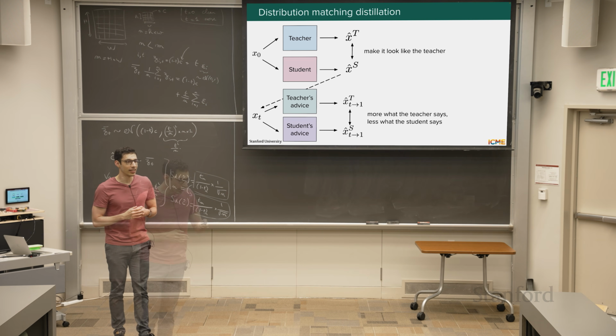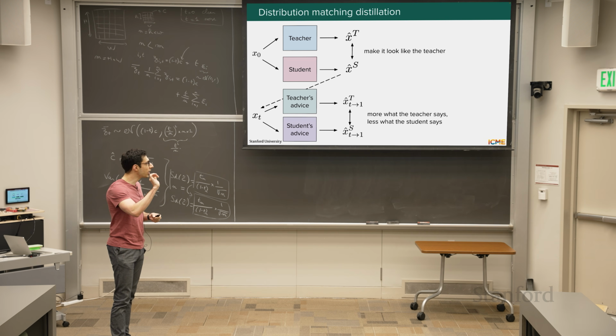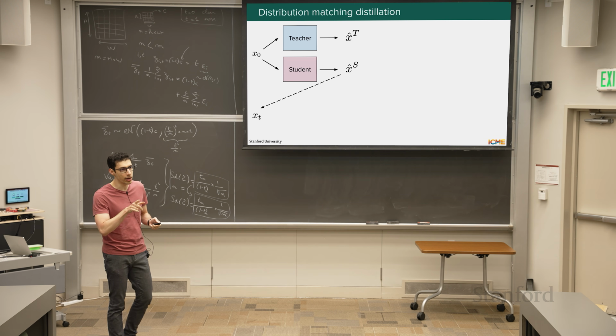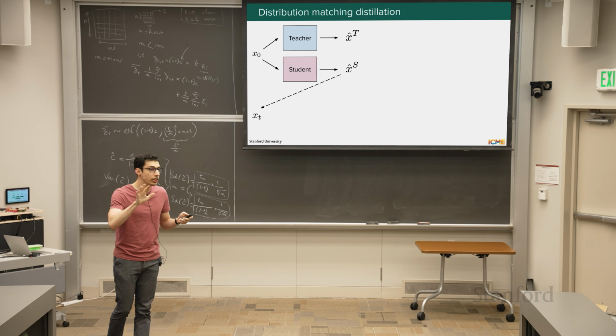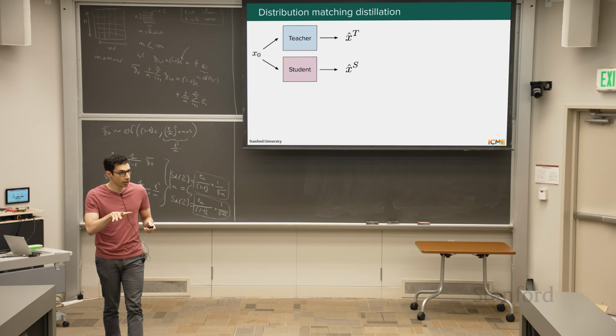Great point. So the question is, is there a collapse happening here? It might. If you were not doing that comparison between teacher and student advice, you would collapse to the mode of the teacher advice, and the paper does some ablation study on it.